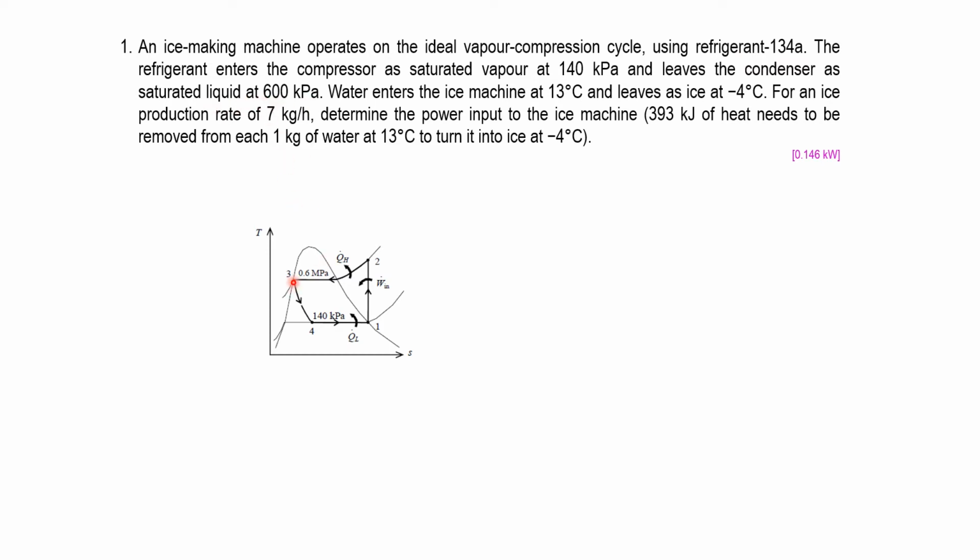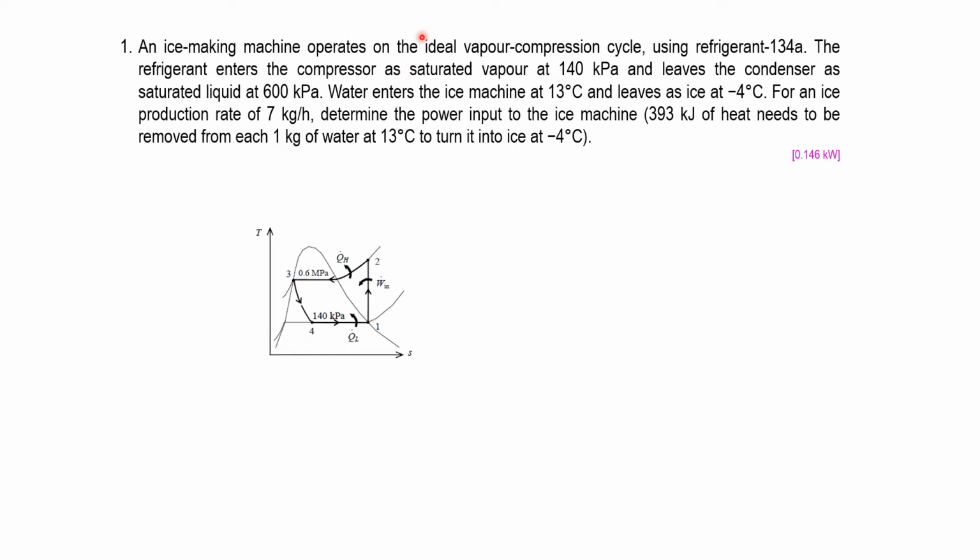So from here it leaves the condenser as saturated liquid. Because it's at saturated liquid, it's point number 3 here, which denotes to hf, right? So here you have saturated vapor. Saturated vapor is exactly at point number 1, right?